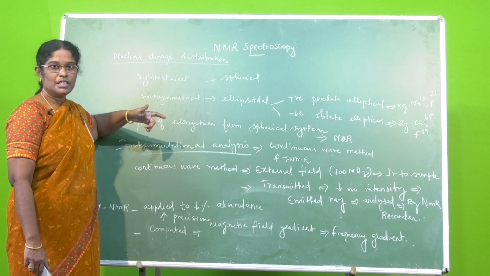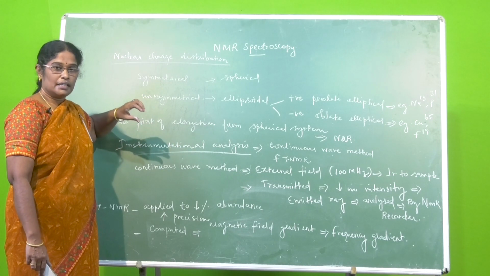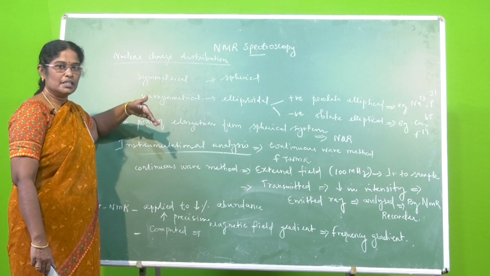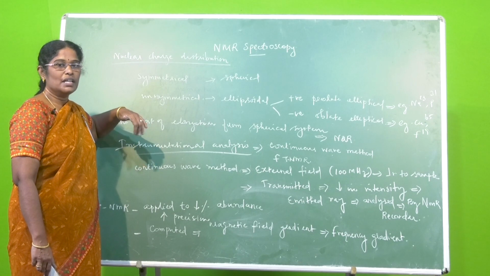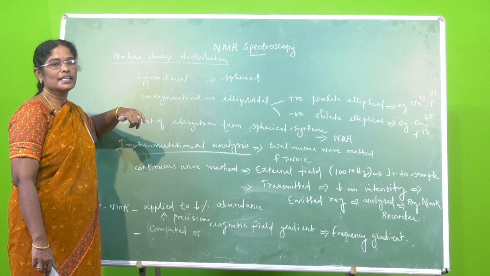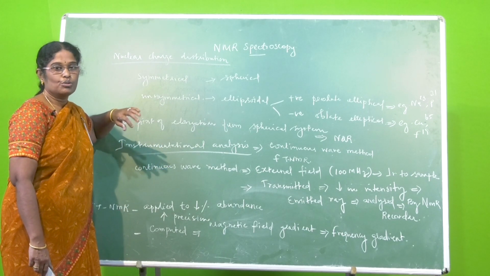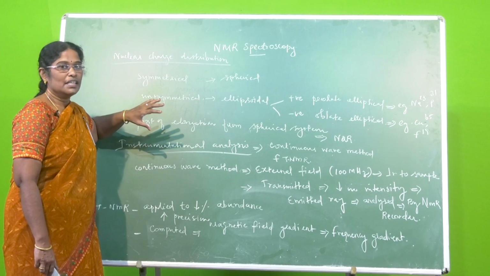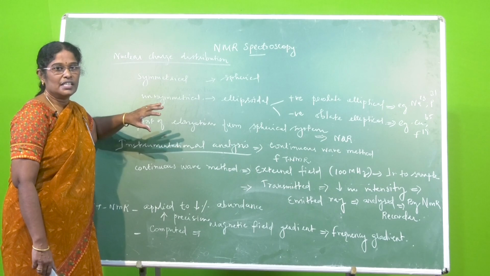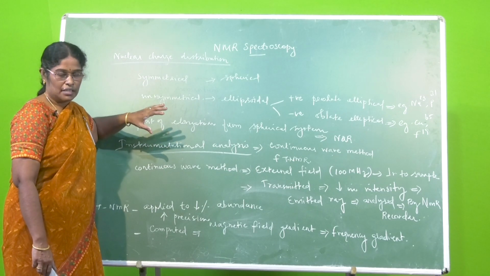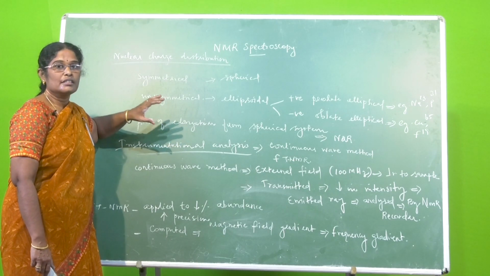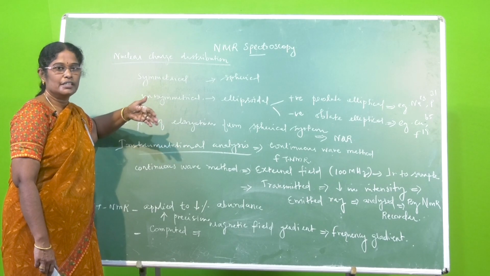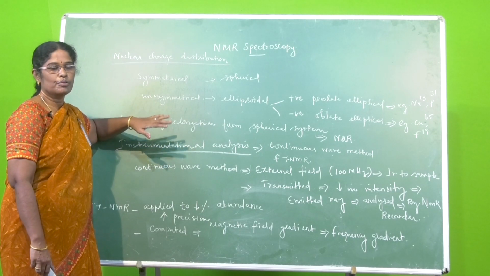Then the developed field, that is the resonating field, will have a tendency to oppose the external magnetic field. Those are the parameters that we will discuss in the next hour: what effects are produced in any sample that contains a proton, and that differ because of the different environments of the protons.